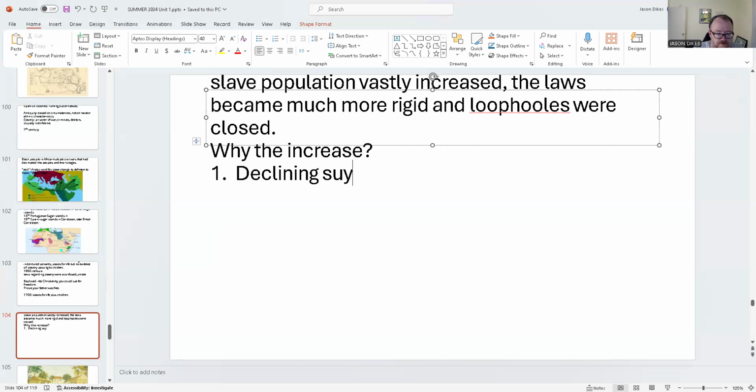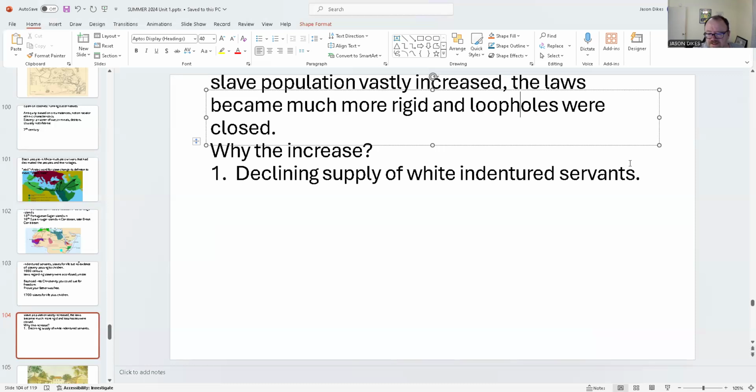Start here. Declining supply of white indentured servants. After 16, and this had been going on probably since the 1670s, we see a lot of paperwork, letters, and whatnot from the 1670s talking about how there aren't enough indentured servants for the colonies.